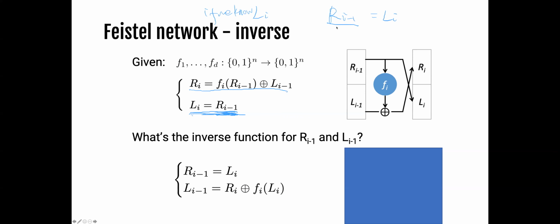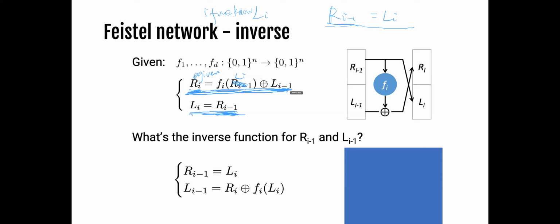Cool. Okay, so now we know that Ri minus 1 is equal to Li. And then let's look at this equation. We have that Ri is equal to Fi of Ri minus 1, XOR Li minus 1. We're assuming that Ri is given. Ri minus 1 is unknown, but we get from this equation that Ri minus 1 is equal to Li. So we just change this to Li, which is also given, right?